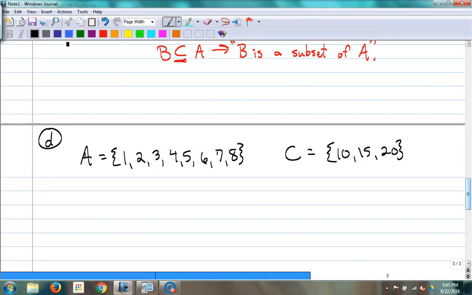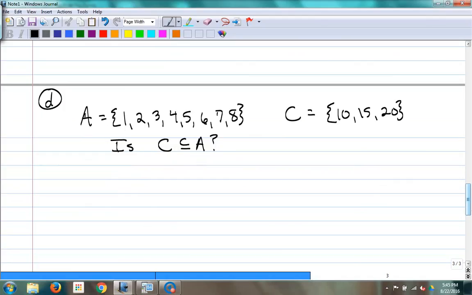Is C a subset of A? So I'm using the notation to ask that question now, instead of writing out the sentence. Is C a subset of A? No. So our statement could be that C is not a subset of A.